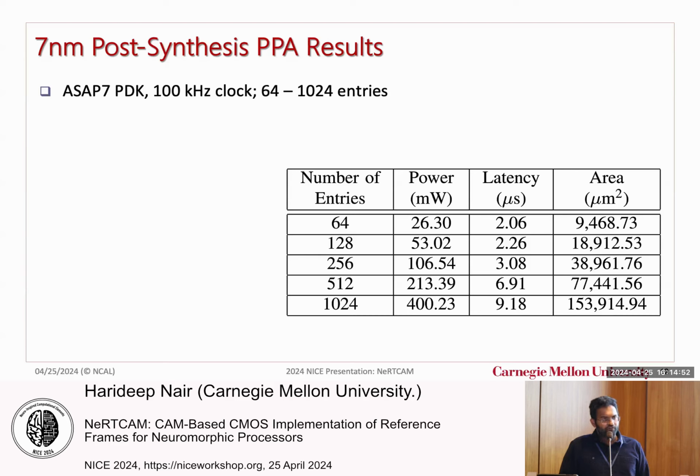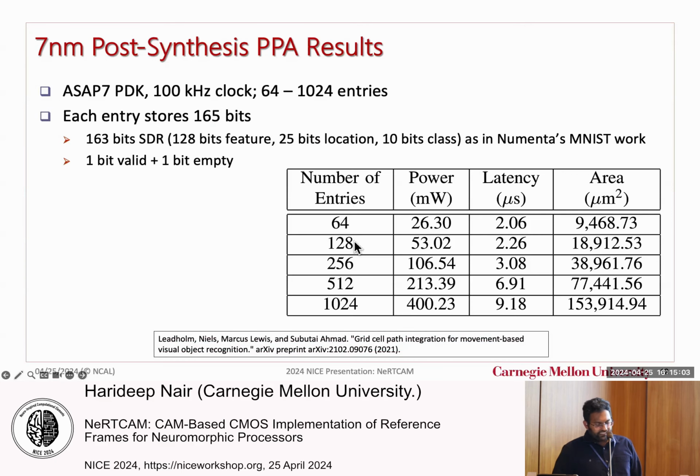We use a 100 kHz clock for more real-time operation. And we have swept across different numbers of entries, sizes for the CAM, going from 64 to 1024. And each entry in this example stores 165 bits. And this configuration is taken directly from one of Numenta's baseline works that uses MNIST as an example for sequential, biologically plausible inference.